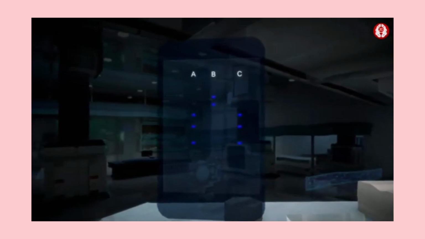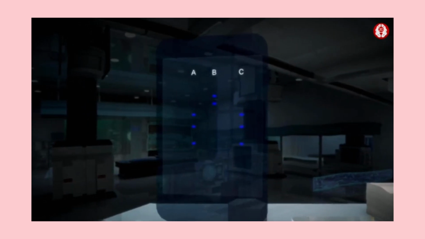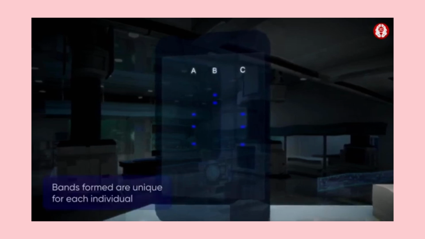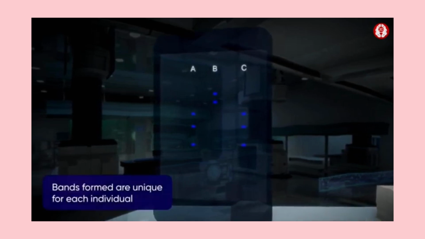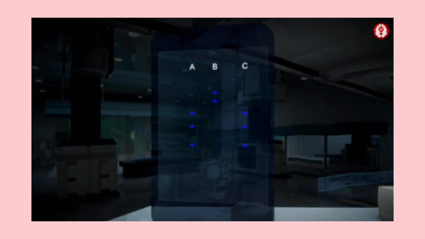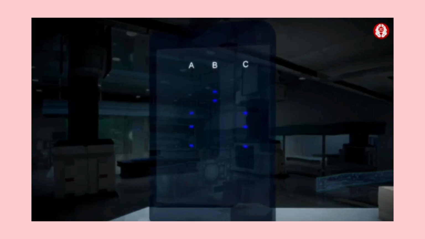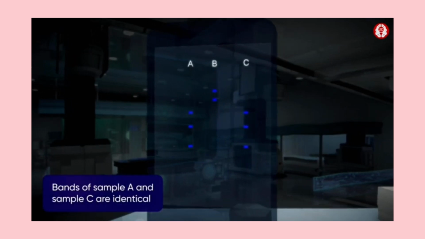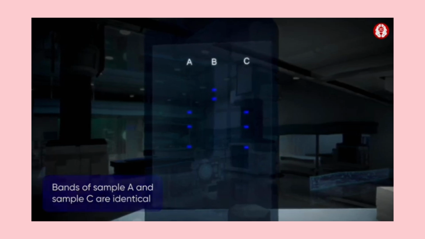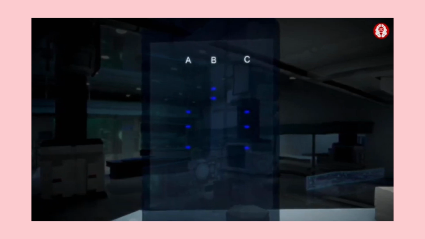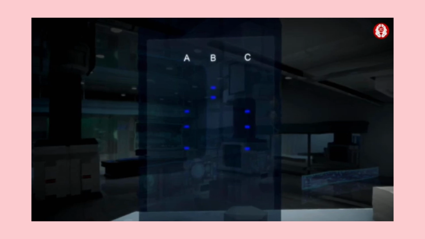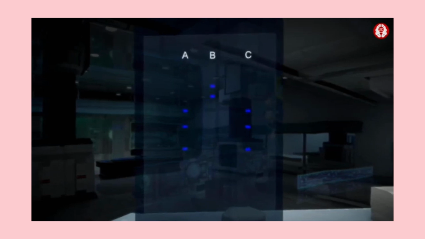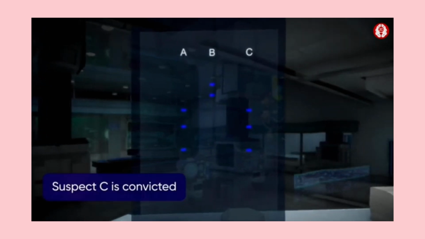Since the enzymes cut the DNA into a unique combination of lengths, the bands formed will be distinct for different individuals. But here we find that the bands for sample A and sample C are the same. This shows that DNA samples A and C are from the same individual and the suspect is identified.